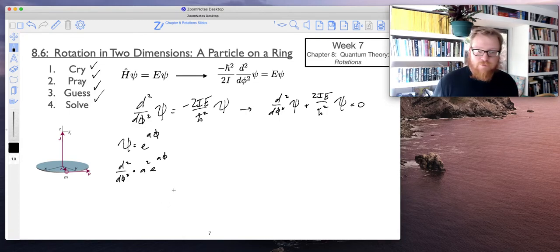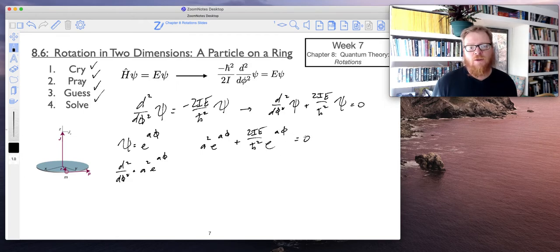When I plug that in, I get a squared e to the a phi plus 2IE divided by h bar squared times psi, which we guessed is e to the a phi, all equals 0. We can eliminate the e to the a phi, and that gives me a squared plus 2IE divided by h bar squared equals 0.